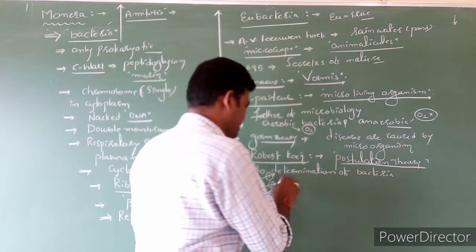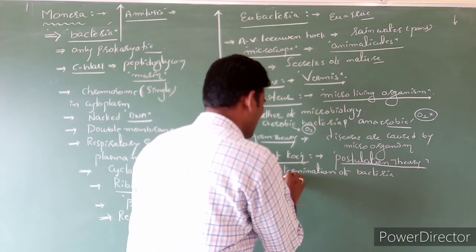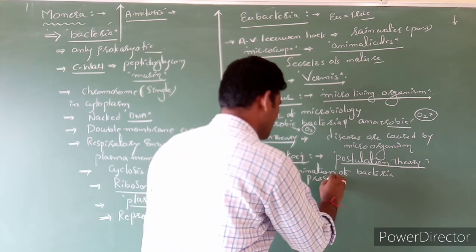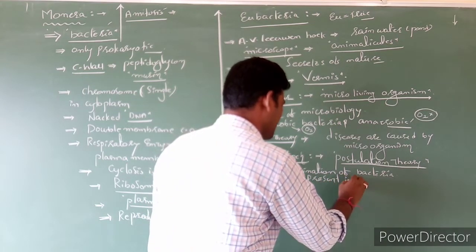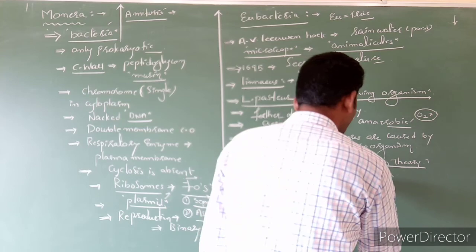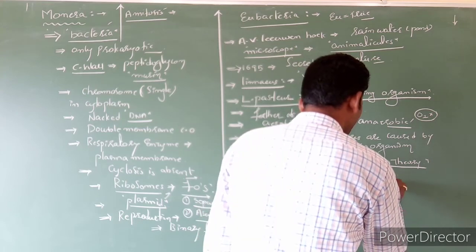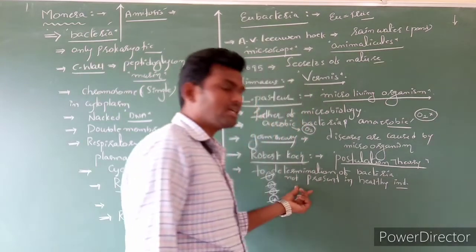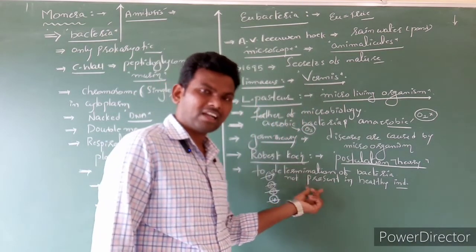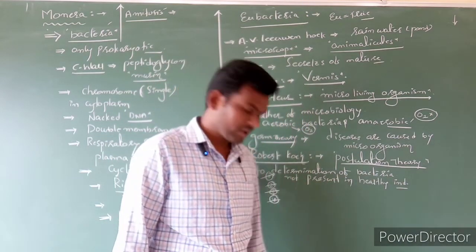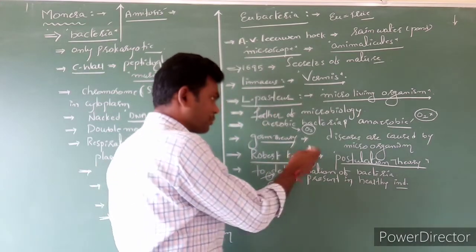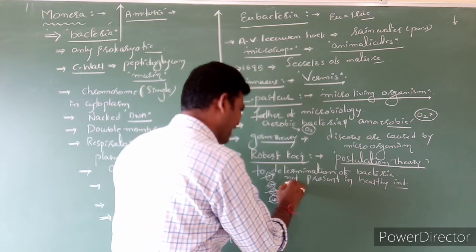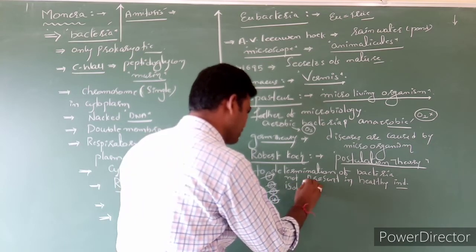The first point is that the bacteria are not present in healthy individuals and are present only in diseased individuals. Next, the second point of the postulation theory: we can isolate these bacteria.